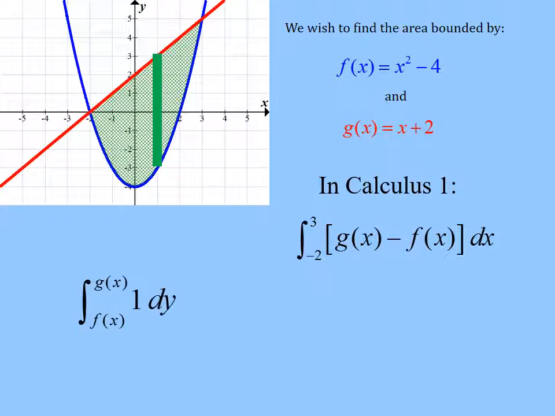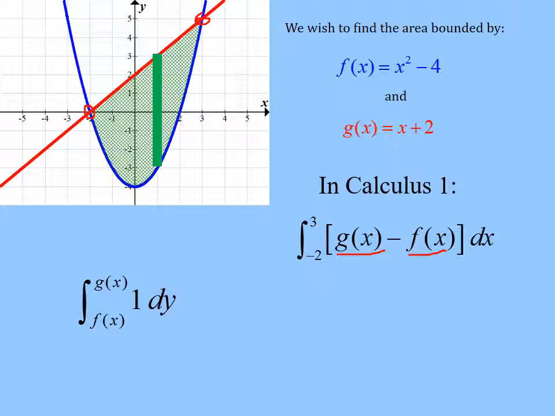And we described the length and width of that rectangle. The length was top function minus bottom function, in this case, g of x minus f of x. And we integrated over -2 to 3. So that was the integral we set up in Calculus 1.